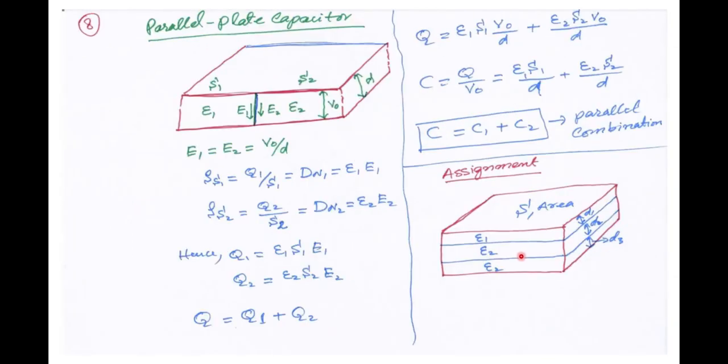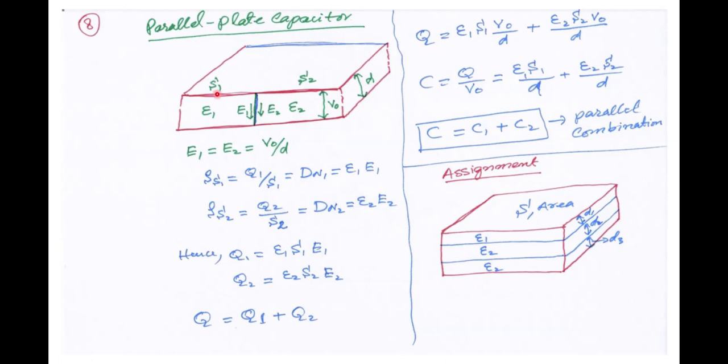Now let us try to define the capacitance of a parallel plate capacitor such that the interface between two different dielectric materials is now perpendicular to the two conducting sheets. This means that the materials occupy different areas of the conductor surfaces, which we have denoted by S1 and S2.